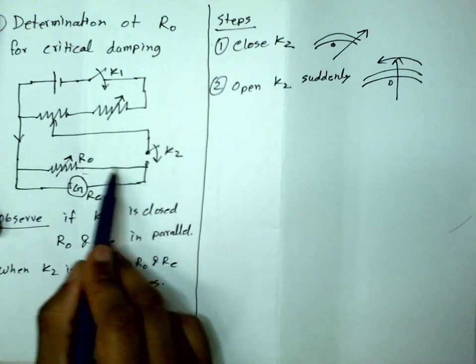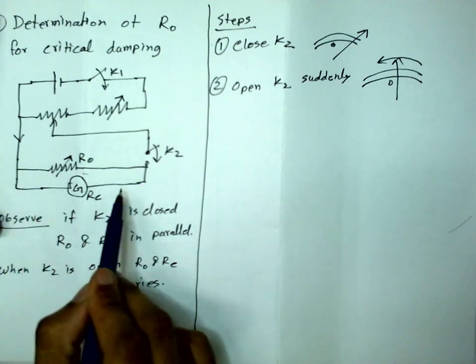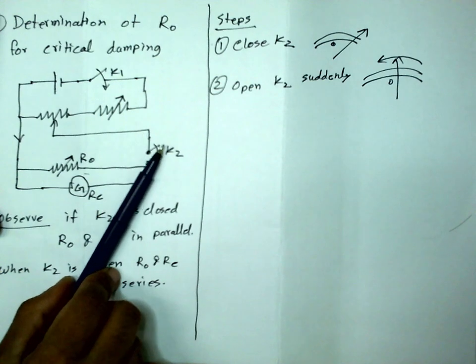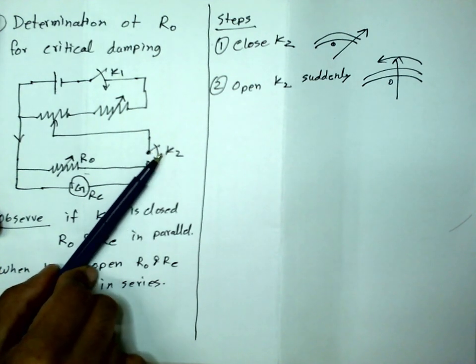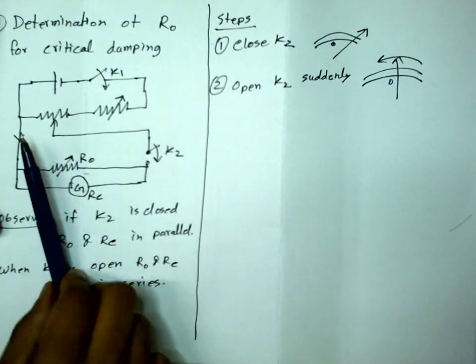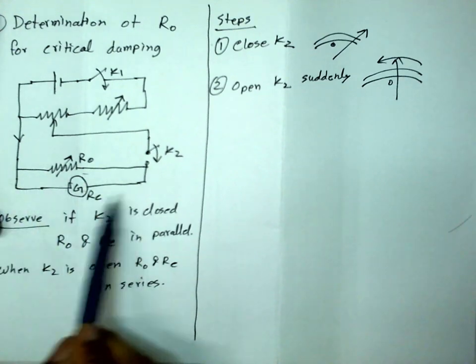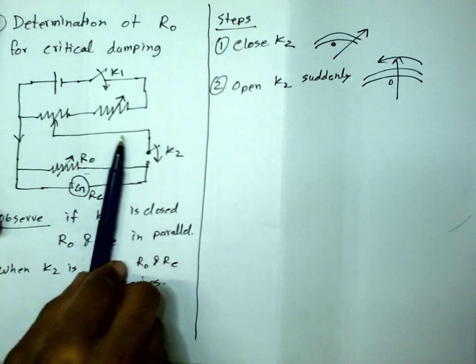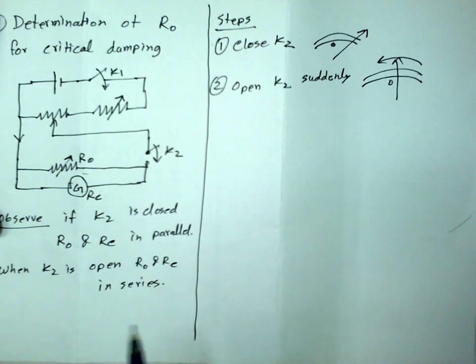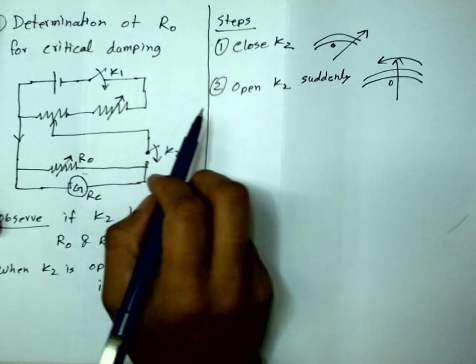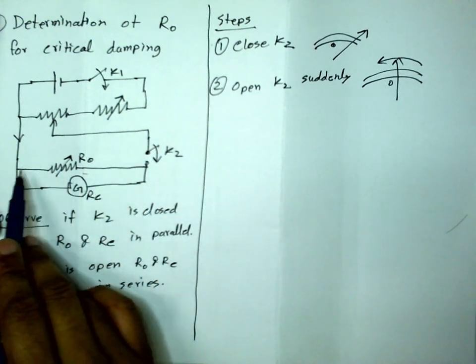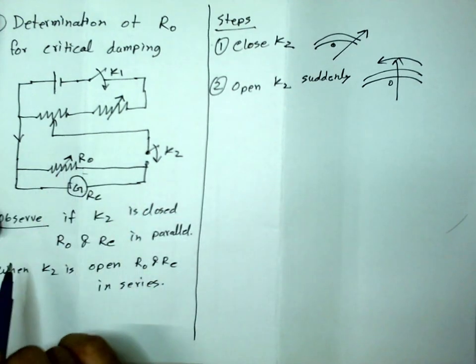So that can flow either like this or like this, depending on the direction of the motion of the pointer. When the pointer is moving from here to here, if current is flowing in this direction, then it will flow in the other direction when the pointer is moving from left to right. Okay, so now that eddy current flows through RO and RC.